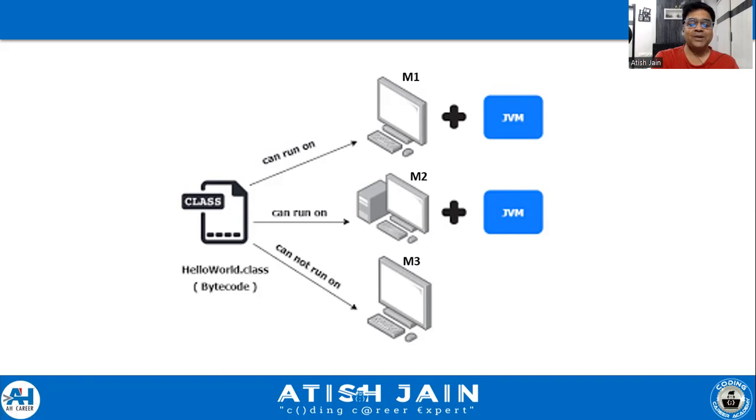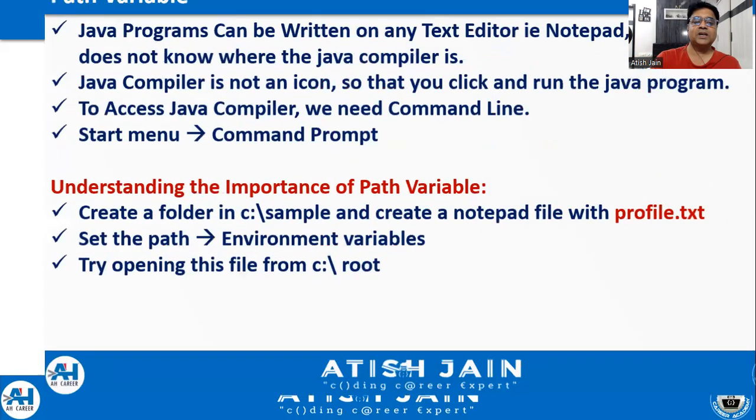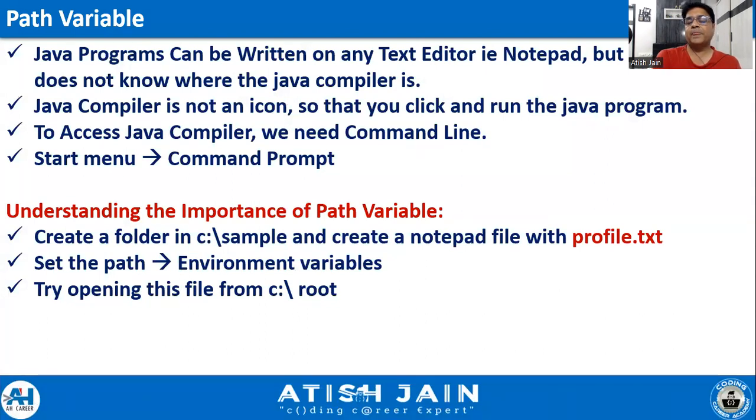And to run Java bytecode, or we can say the .class files, a virtual machine is required. Is it clear? Because the virtual machine will provide you the runtime environment for executing those applications.